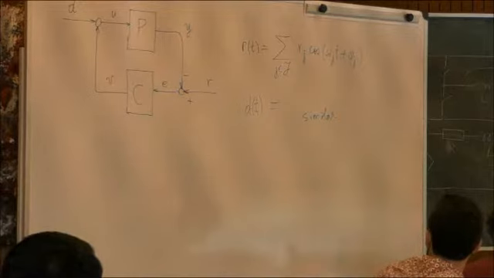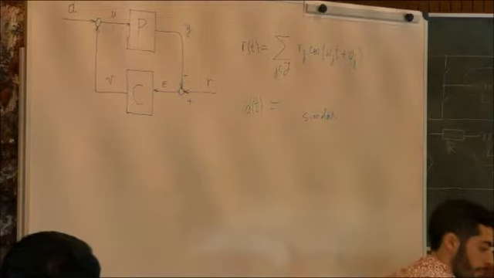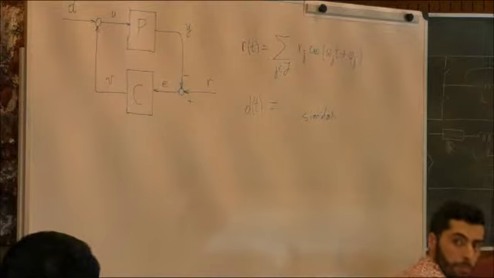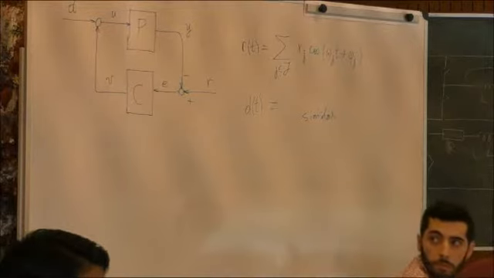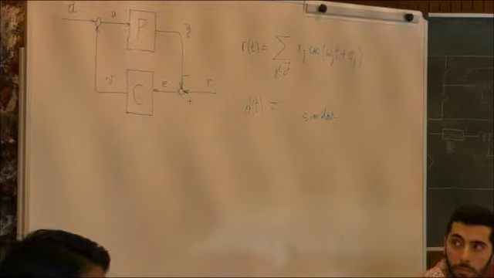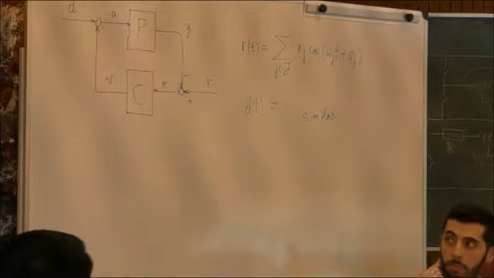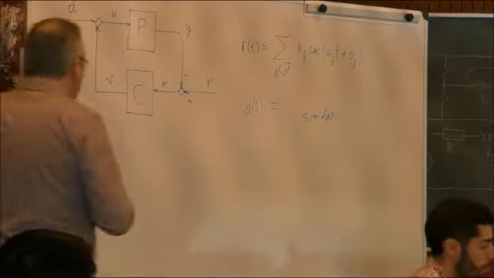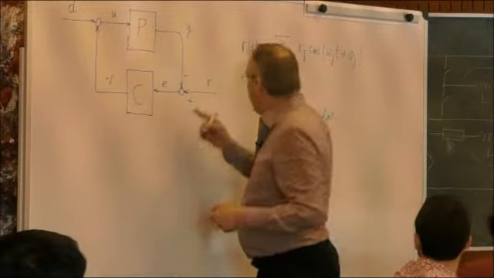What kind of controller can achieve that? Steady state error means that after a very long time it should converge to zero, so the controller should have poles at all the relevant frequencies.